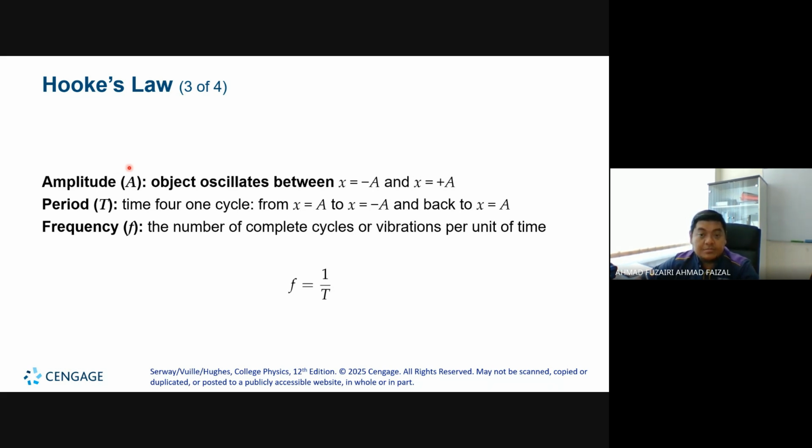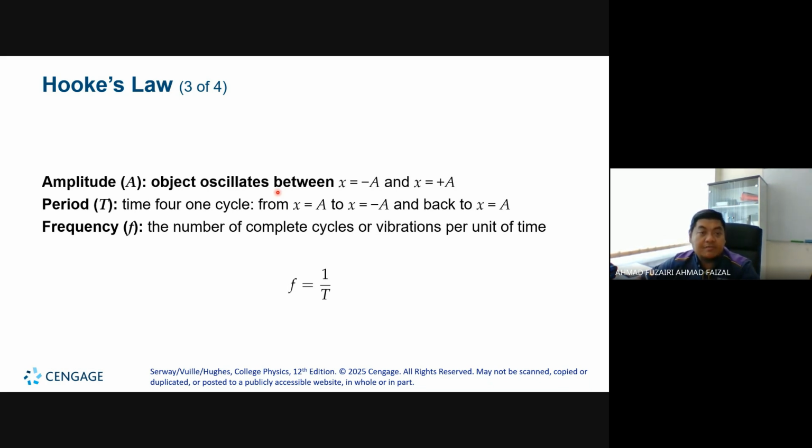What is amplitude? The amplitude A is the maximum distance of the object from its equilibrium position. Remember, it is not just an ordinary distance, but a maximum distance from the equilibrium position.